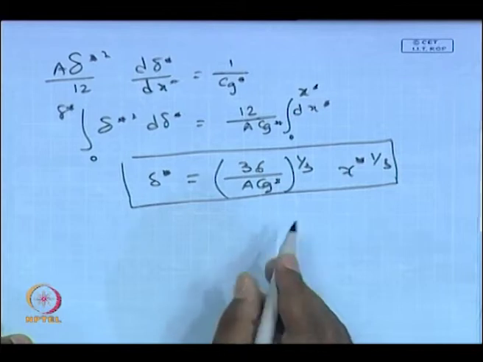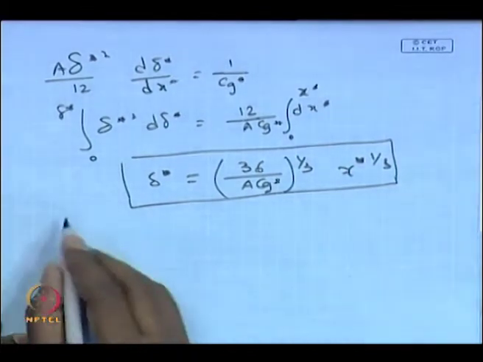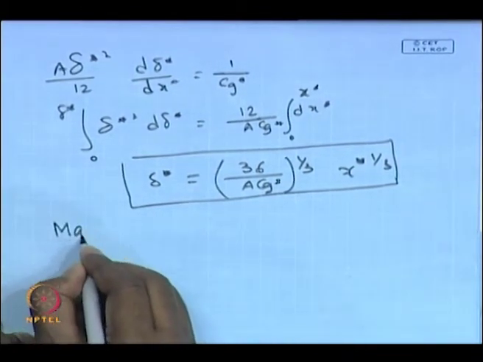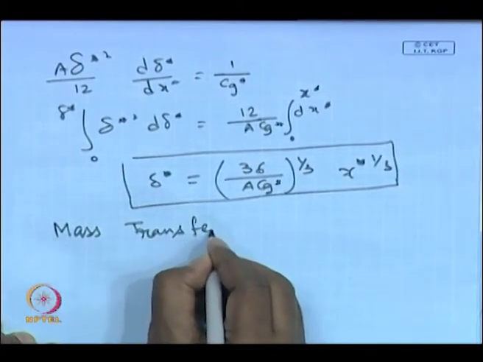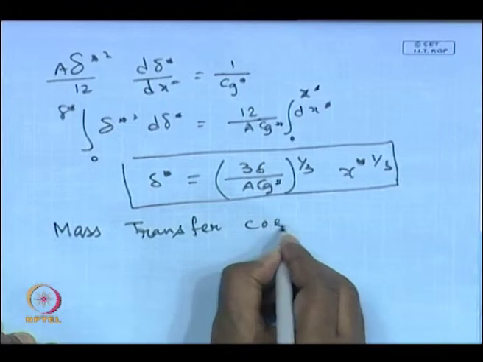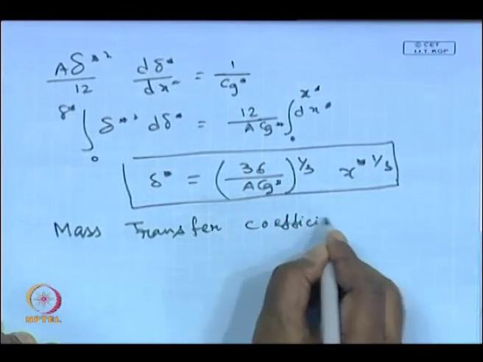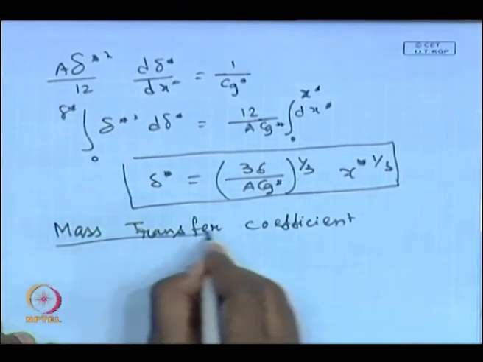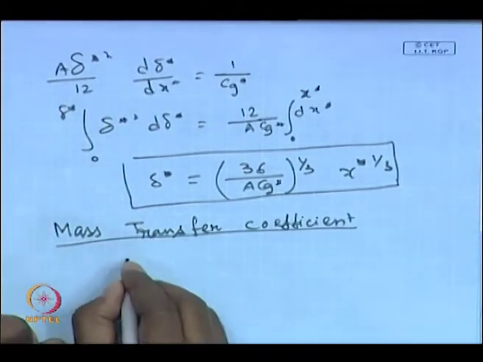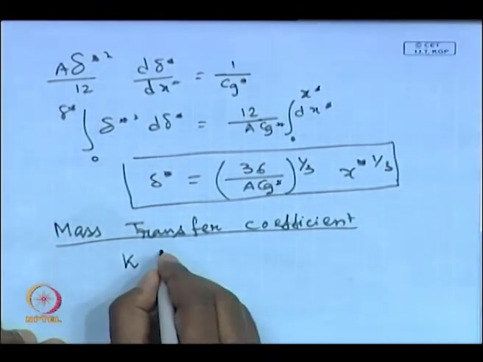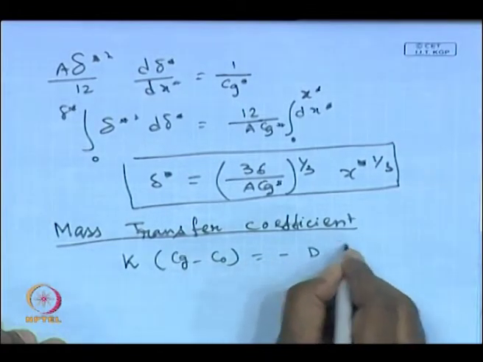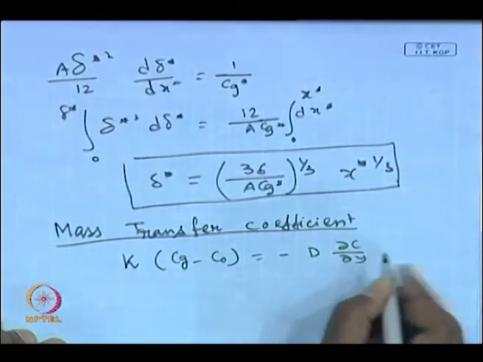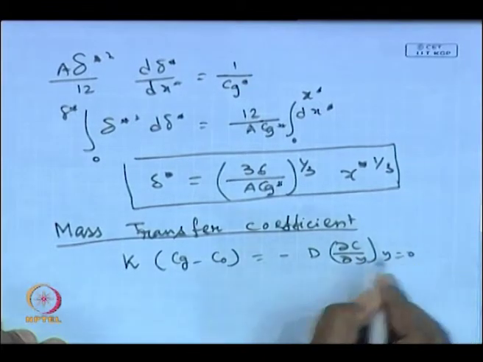Okay. Now, let us look into the mass transfer coefficient and rest of the calculations. Mass transfer coefficient in this case, let us look into the definition, k (Cg minus C naught) is equal to minus D del C del y at y is equal to 0.